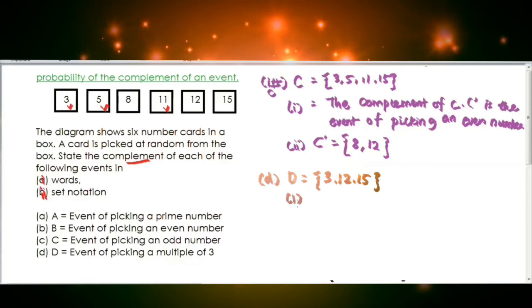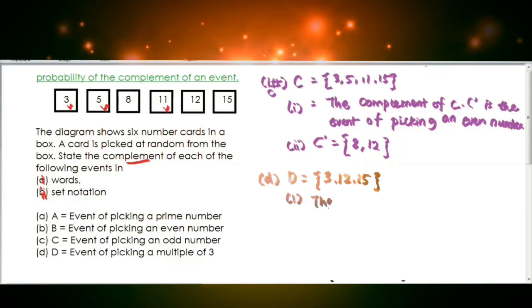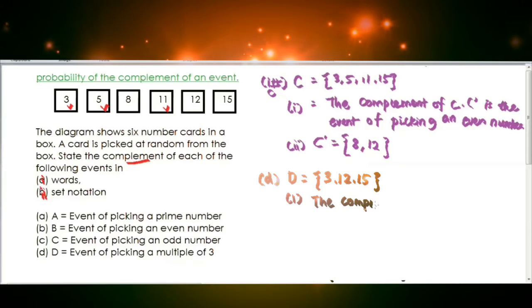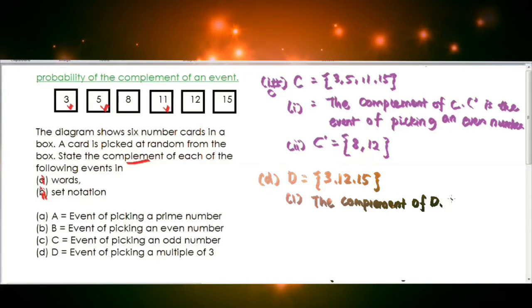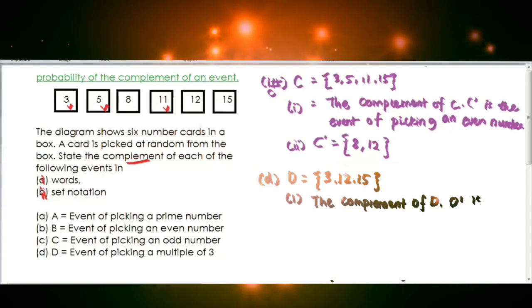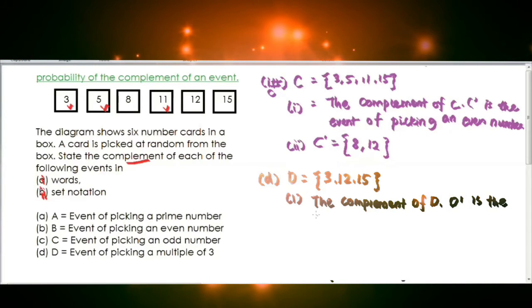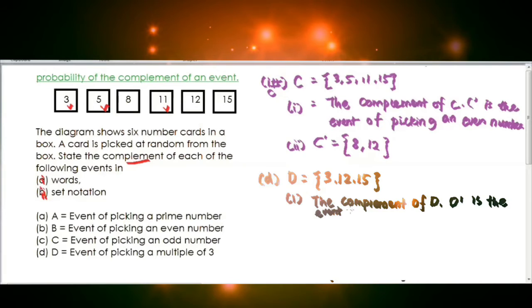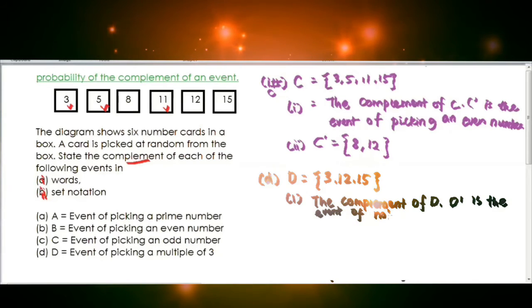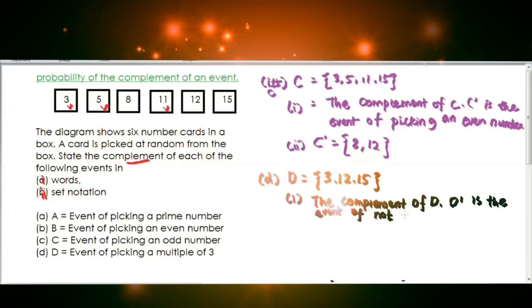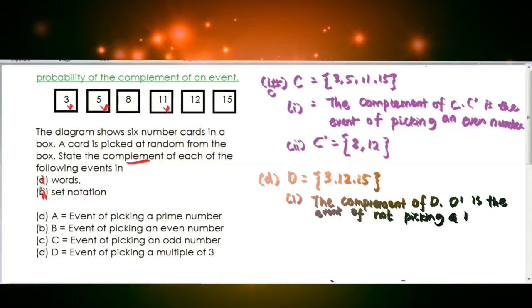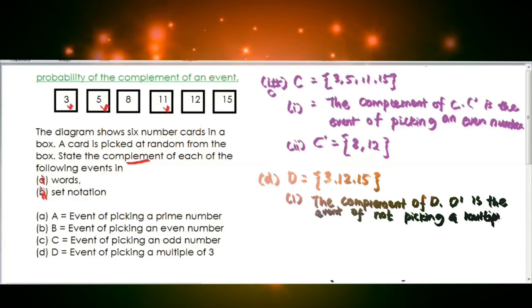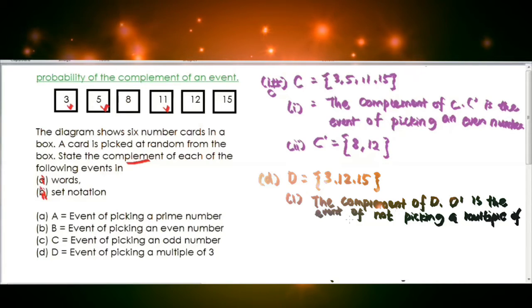So we write the answer in words. The complement of event D is the event of not taking a multiple of 3.